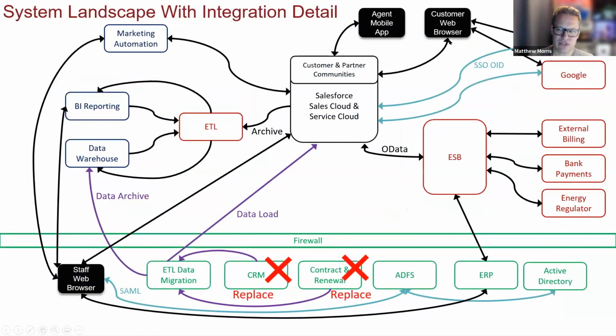Let me show you, this is more the style I used to have in the beginning, which was to show all of the integrations on there, and it can get very busy. So I typically don't do that now. I just represent the systems as connected. But again, it really depends on the audience that you're presenting to.